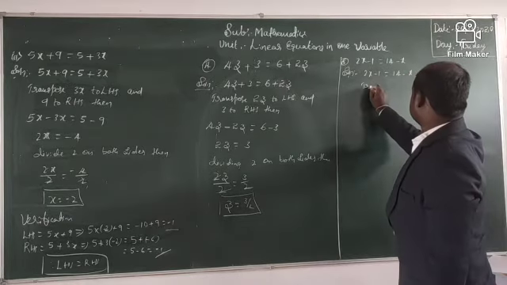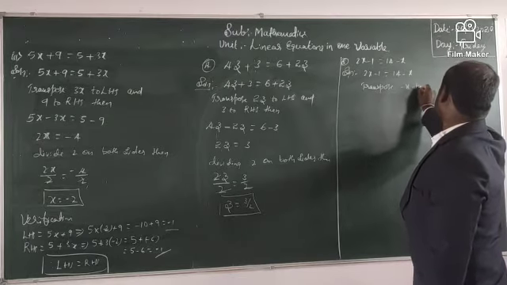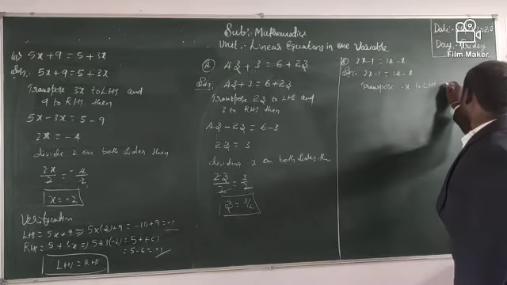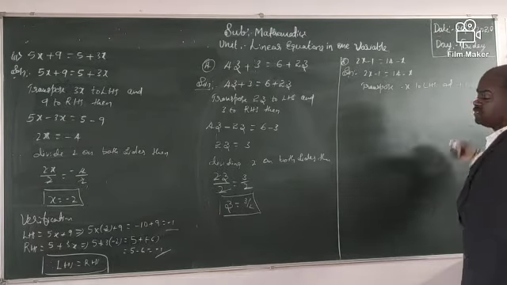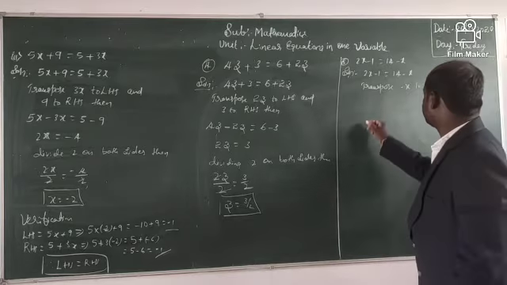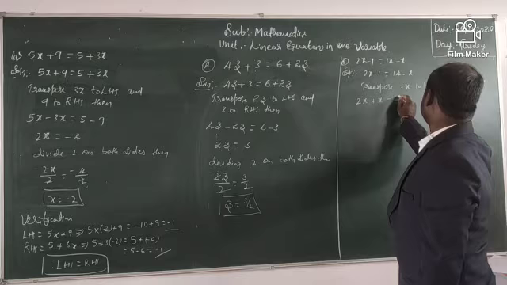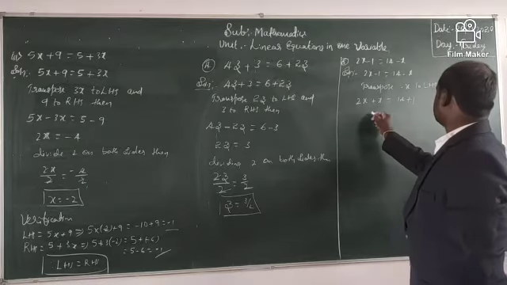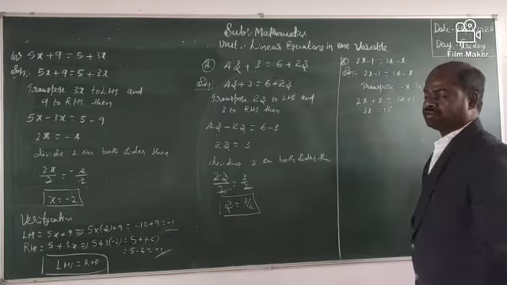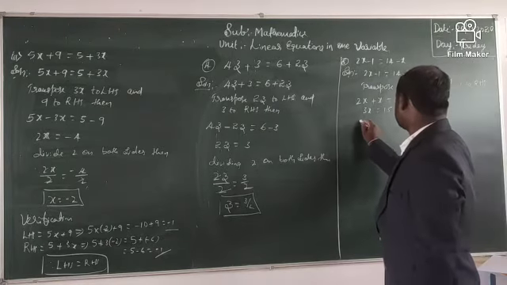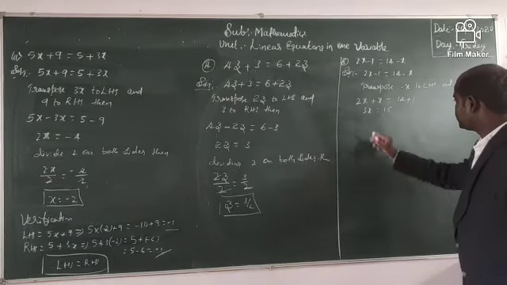Transpose minus x to the LHS and minus 1 to the RHS. Then the equation will become 2x plus x is equal to 14 plus 1. 2x plus x equals 3x, which is equal to 15. Therefore, x equals, here we have to cancel the term 3.